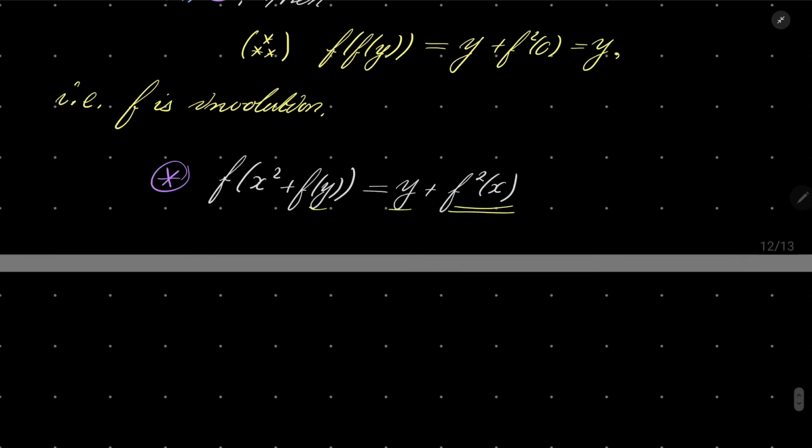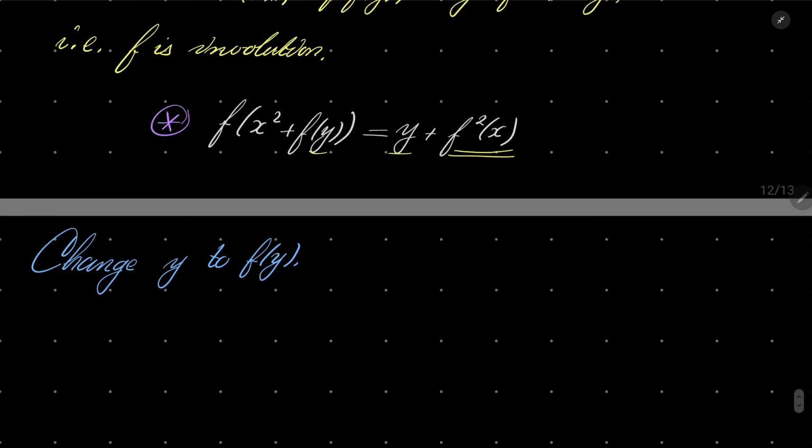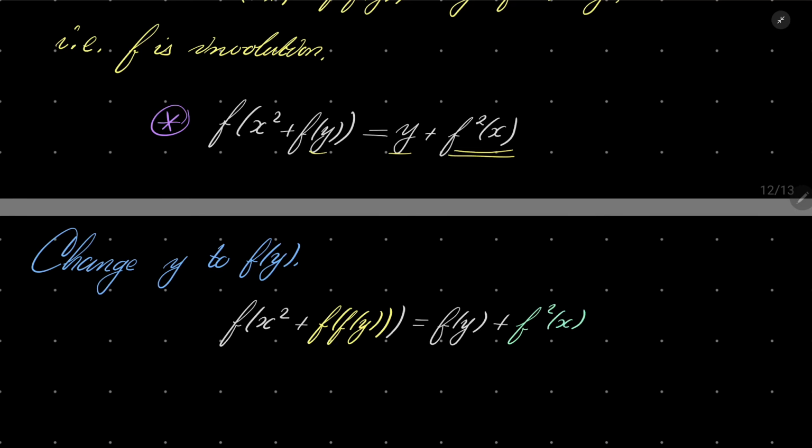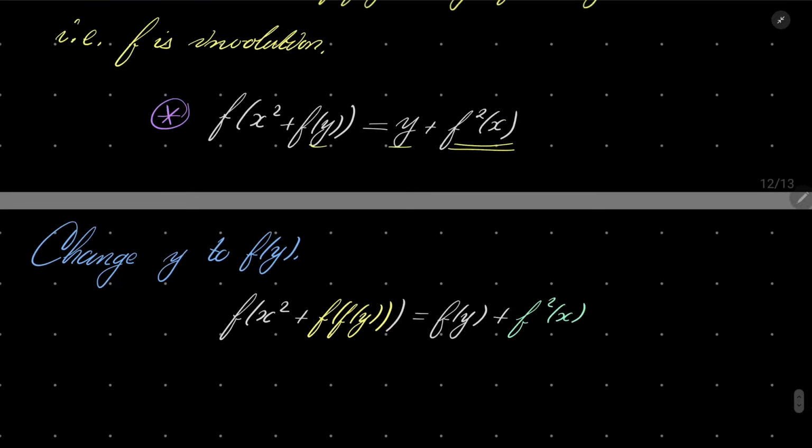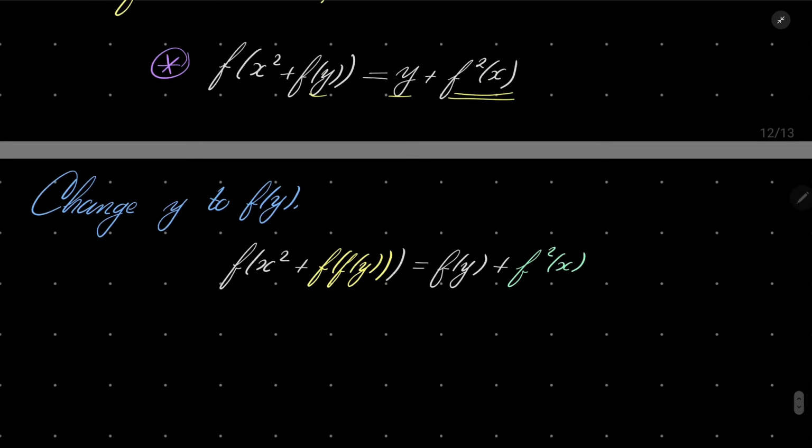So let's change y to f of y. We have f of x squared plus f of f of y equals f of y plus f squared of x. And now, by my condition triple asterisk, this right here is just y.